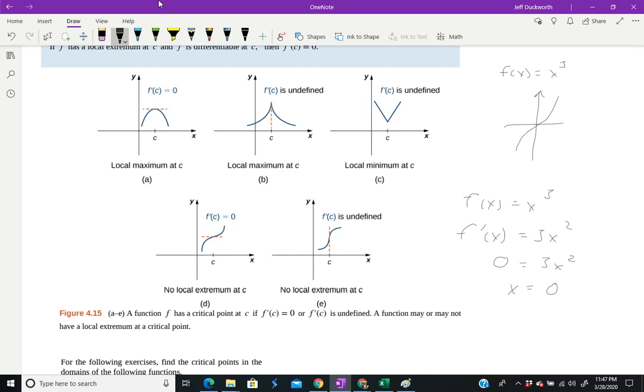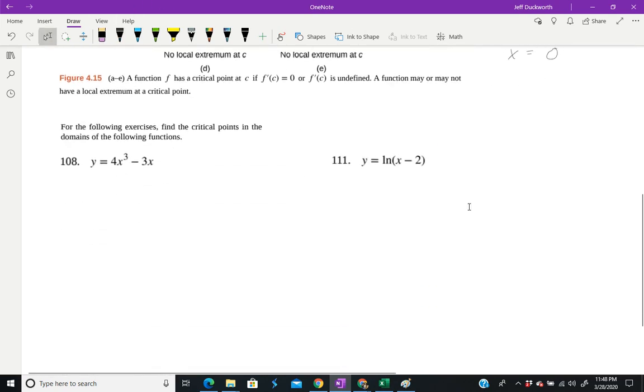All right. So let's scroll down and do a couple problems from your book. These problems are on page 377 in your book. So the instructions say, for the following exercises, find the critical points in the domains of the following functions.